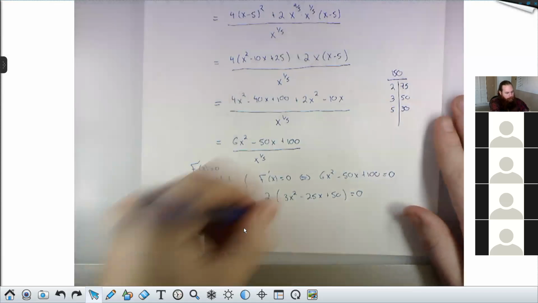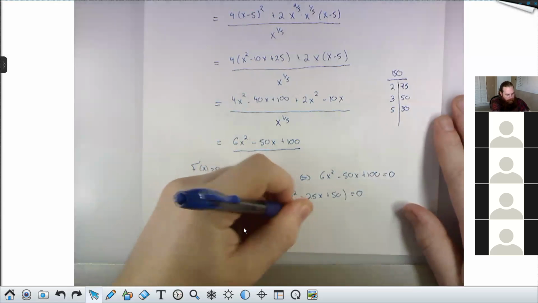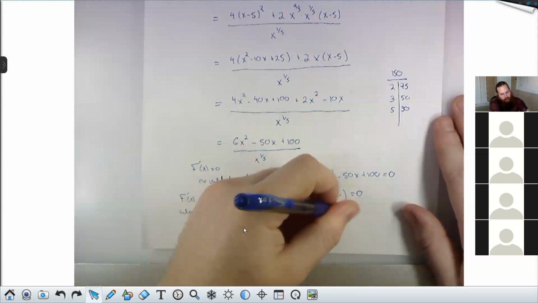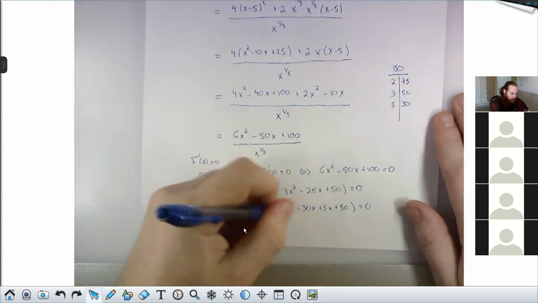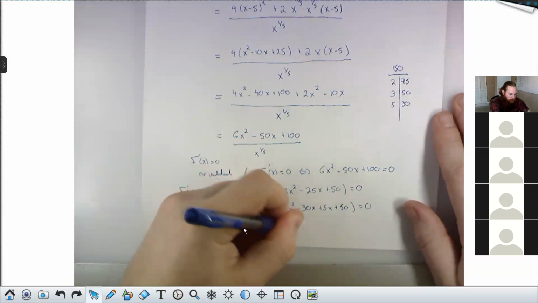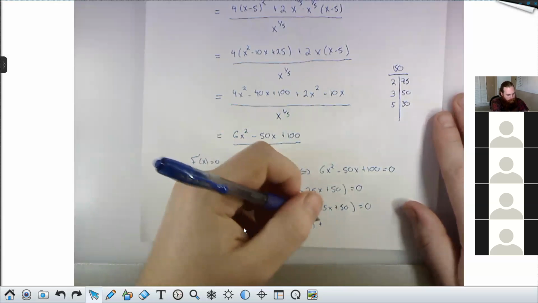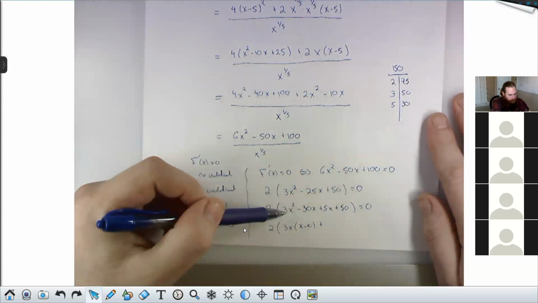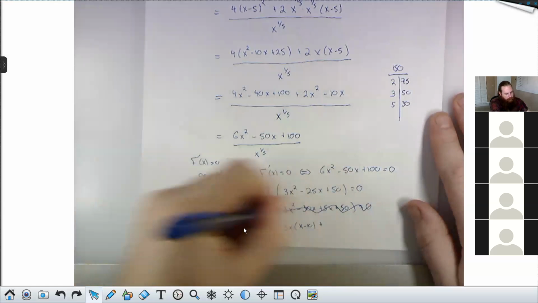Oh, this will work. So this is 2 times 3x squared minus 30x plus 5x plus 50. So that's 2 times 3x times x minus 10 plus, oh wait, that's minus, isn't it? Negative 30 plus 5, oh no, that's negative 25, not what I need. Yeah, no, this doesn't work, sorry.